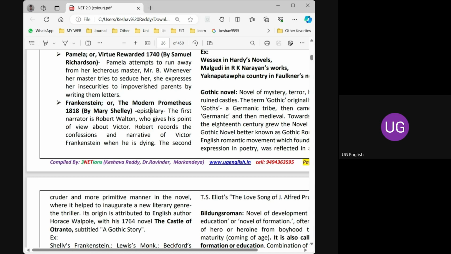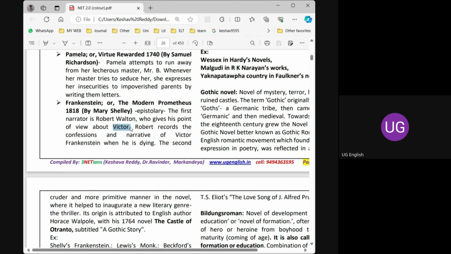And here, epistolary means based on letters. Here the main narrator is Robert Walton. Robert Walton is the narrator. Just remember this name. And he takes the point of view of Victor. Victor is the demon.